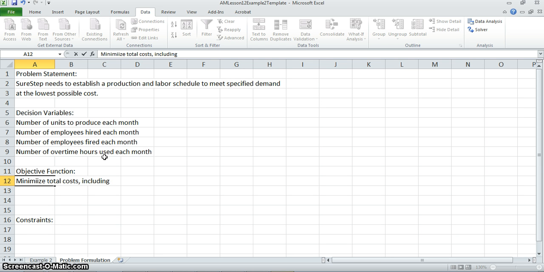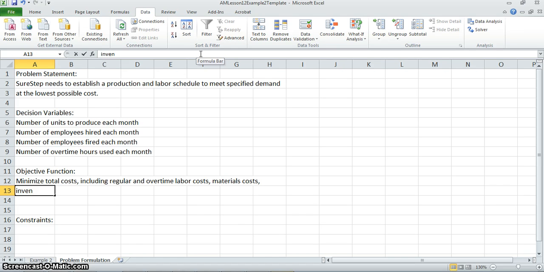The company wants to minimize total costs, which includes several costs. They include regular and overtime labor costs, materials costs, inventory holding costs, hiring costs, and firing costs.